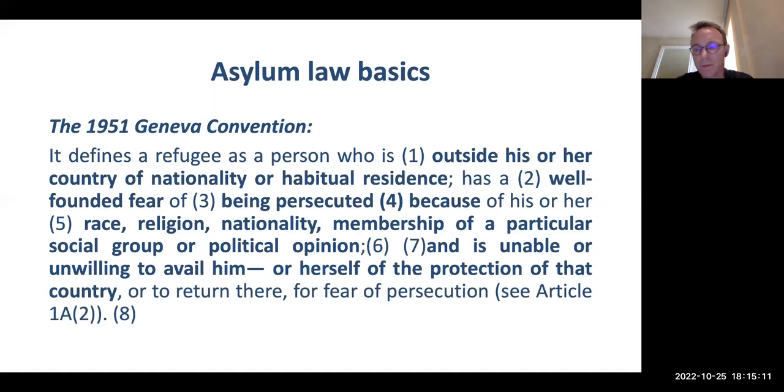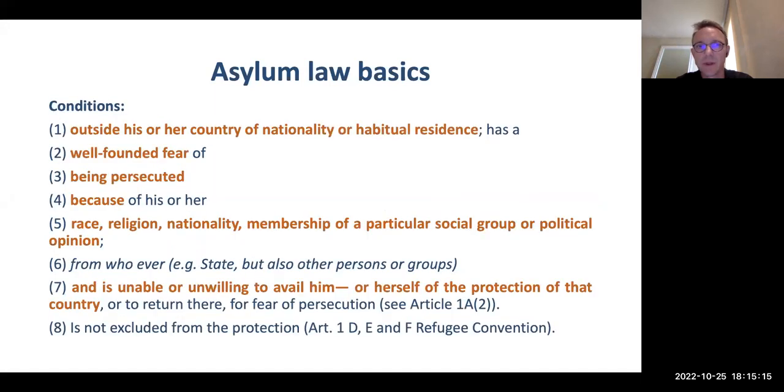So the person is basically seeking protection. As I told you, lawyers like to have these kinds of click boxes. These are the 8 conditions inside this refugee definition. You will have all the PowerPoints available, so you can refer to them afterwards.